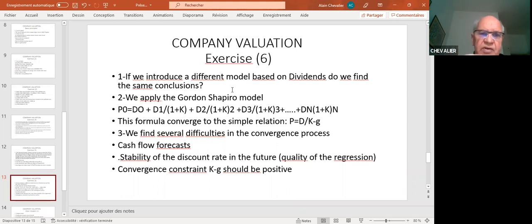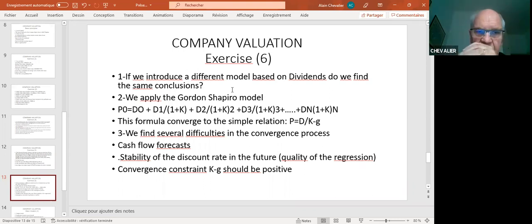Very often you have difficulties making good cash flow forecasts, which is the basis, of course, to calculate also dividends. So you understand that the quality of the cash flow forecast, which we show you on Sanofi, is a very important element of the calculation.